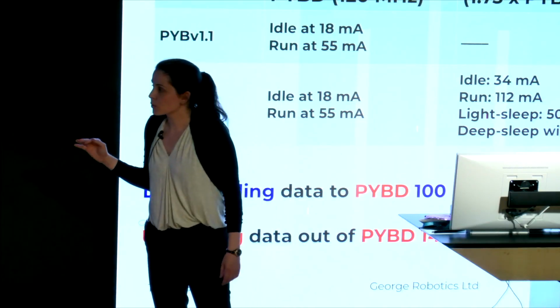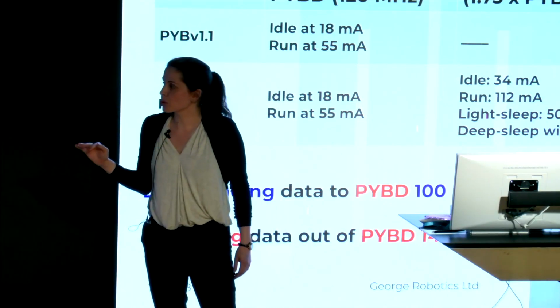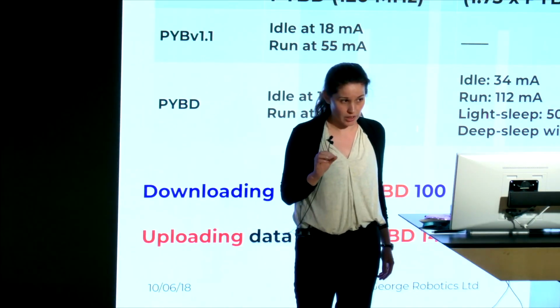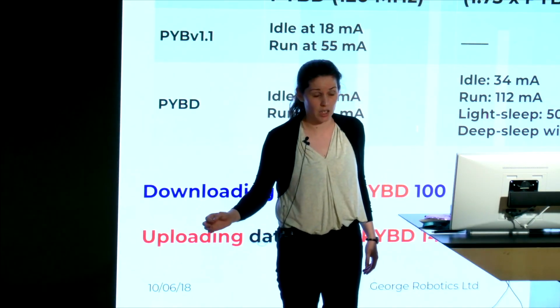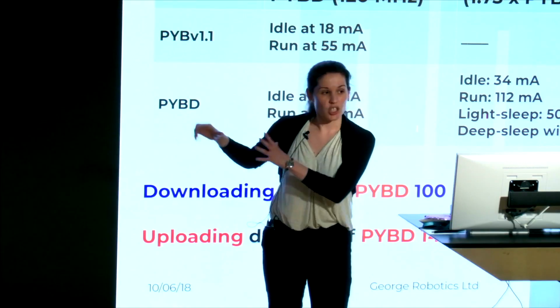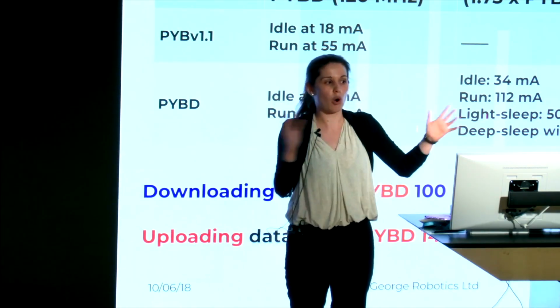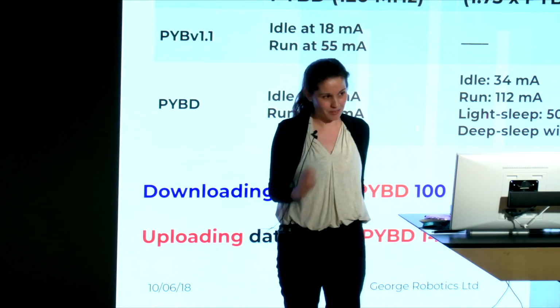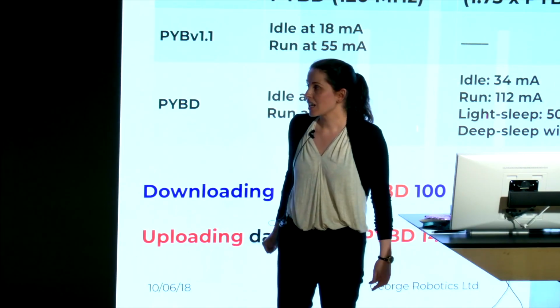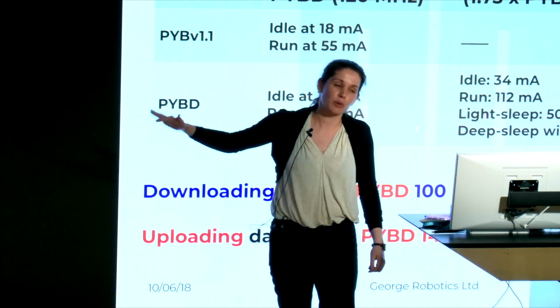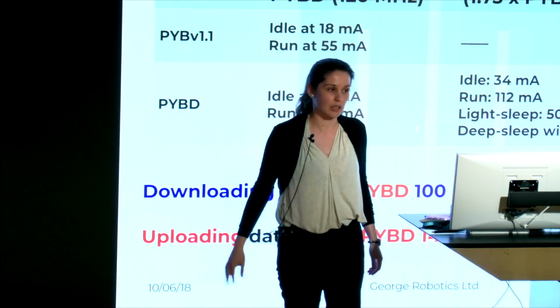With the light sleep, you can wake up your microcontroller with an interrupt, and with the deep sleep, you have the real-time clock, which needs to be very accurate to wake it up again. These are just very first measurements, so be patient. We should be having more very soon. Also, when you have the Wi-Fi enabled and disabled, and yeah.